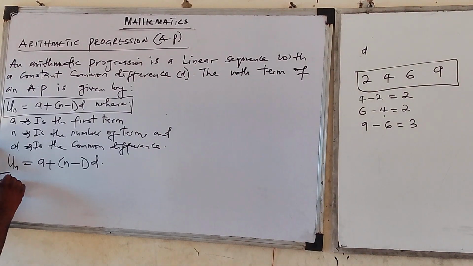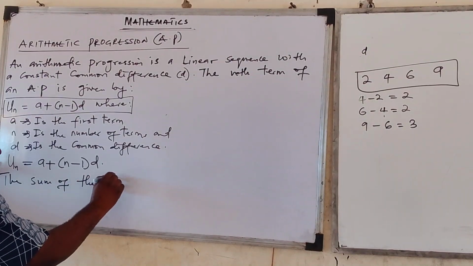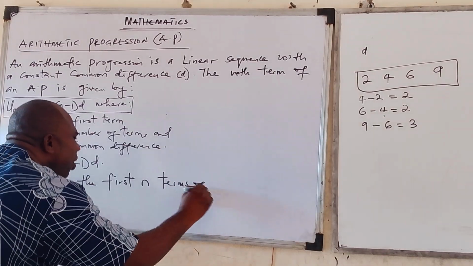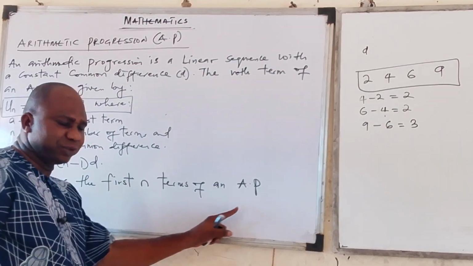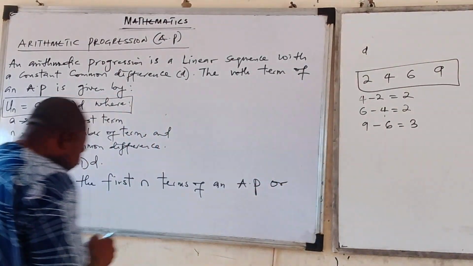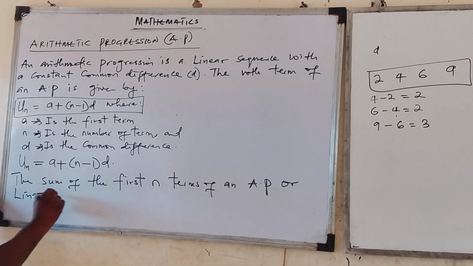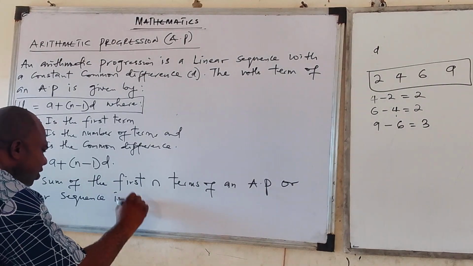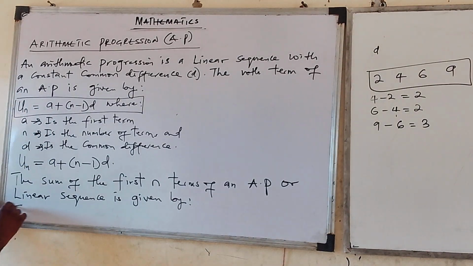The sum of the first n terms of an AP, that is arithmetic progression, or linear sequence, is given by Sn, that's the sum of the first n terms.